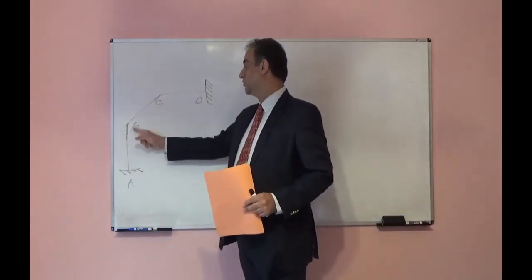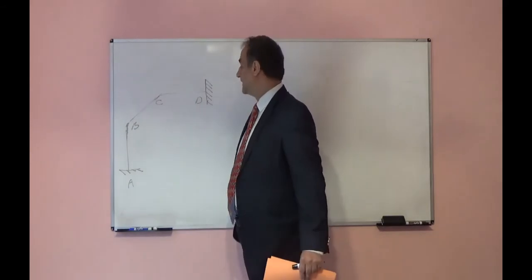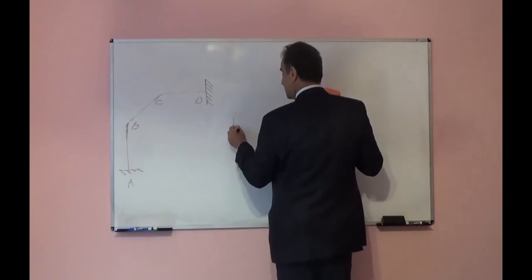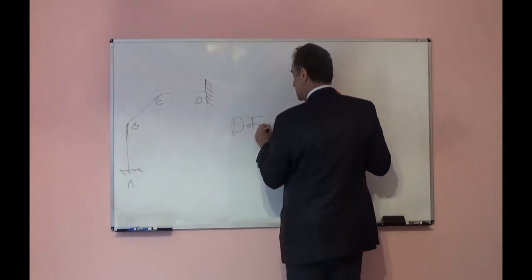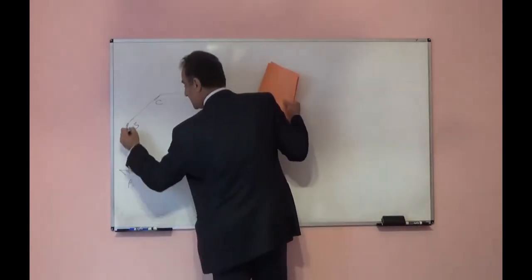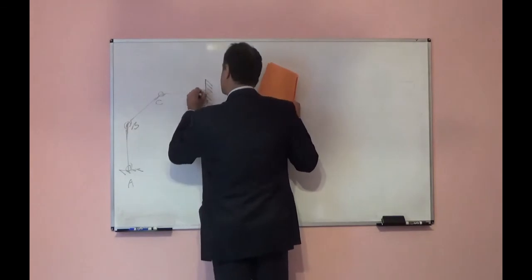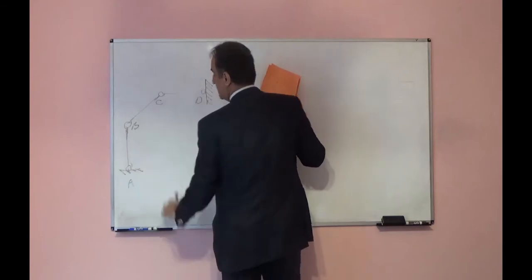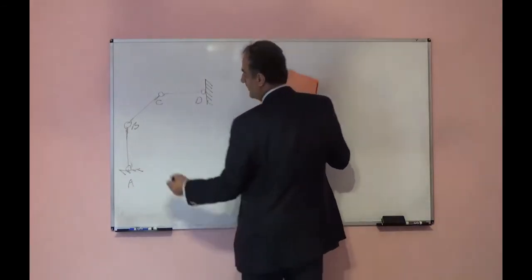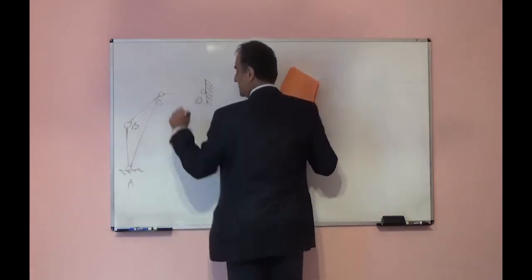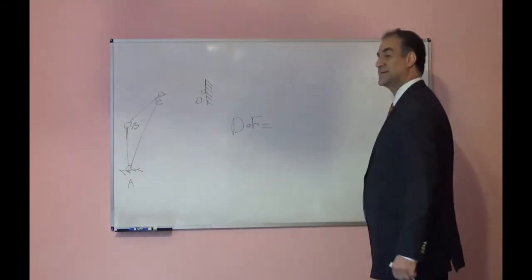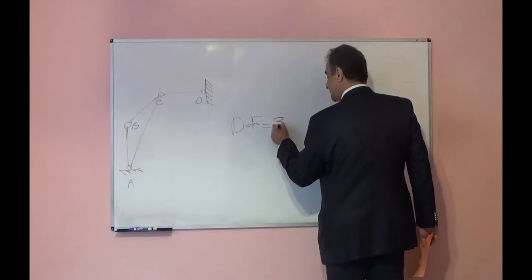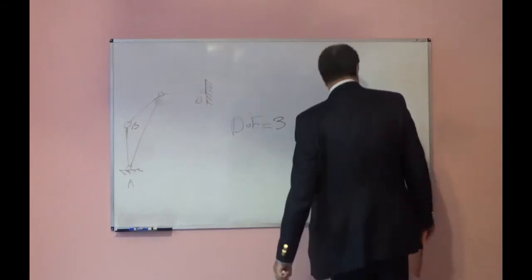So 2 rotational degrees of freedom we have here. How about the lateral one? If I convert all of them to pure hinges, if I add one member only here, now this is stable. So totally degree of freedom for this frame will be 3.